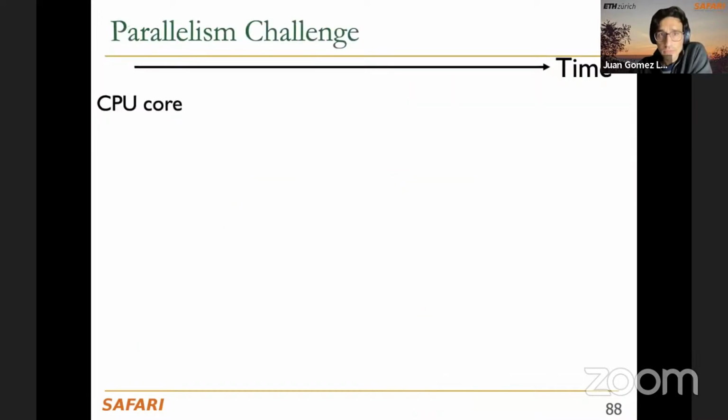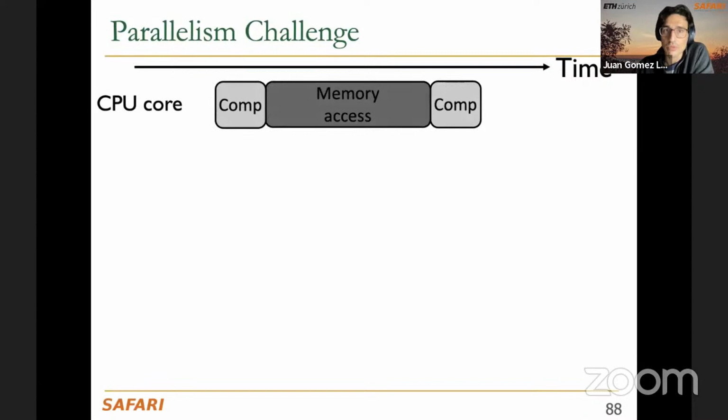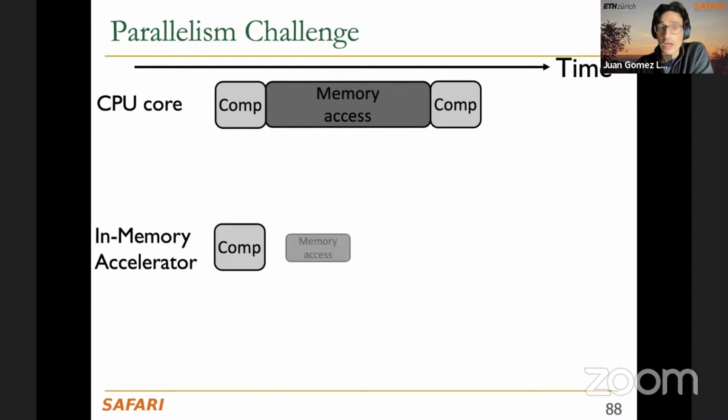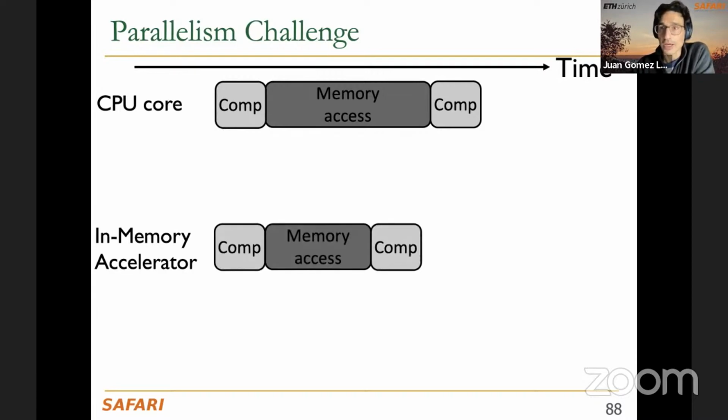But there is a parallelism challenge. Why is that? Because normally when we have CPU cores, we first compute, then we access memory, then we compute again. And usually these accesses to memory, as you know, take much longer than the computation. And in-memory accelerator, we can at least reduce significantly the latency of these memory accesses, right?